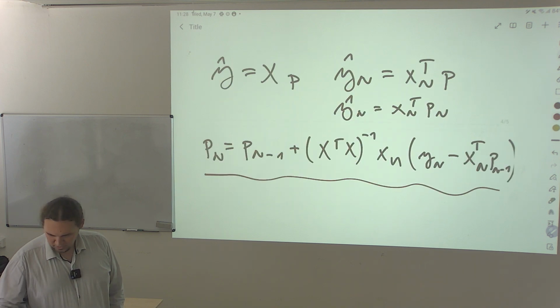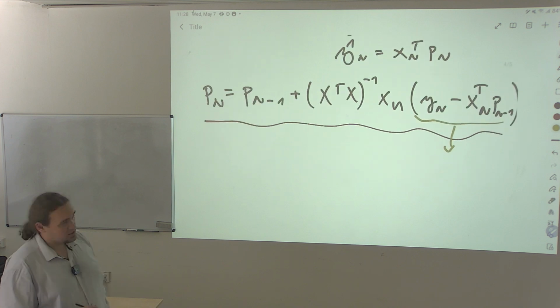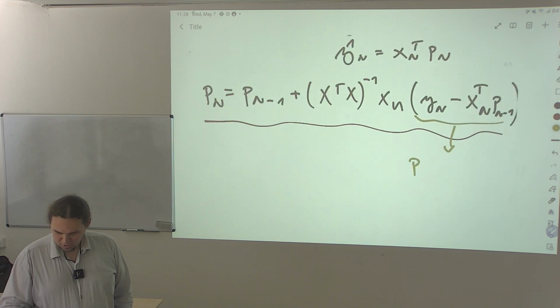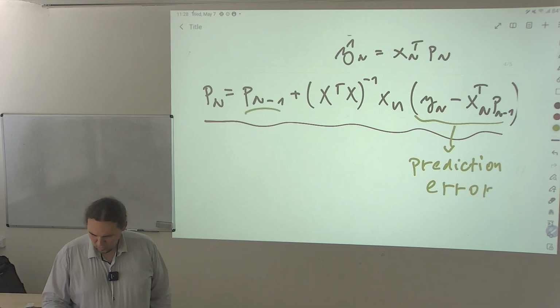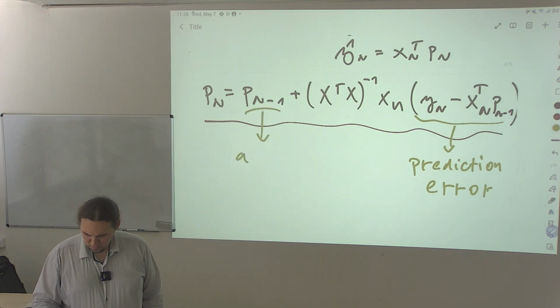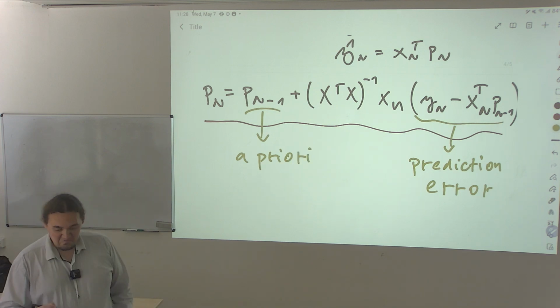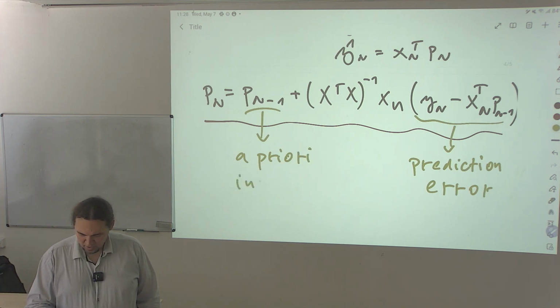We still have the same ingredients. Yeah, there is the prediction error. Sometimes it's called a priori information, a priori knowledge about the parameter.